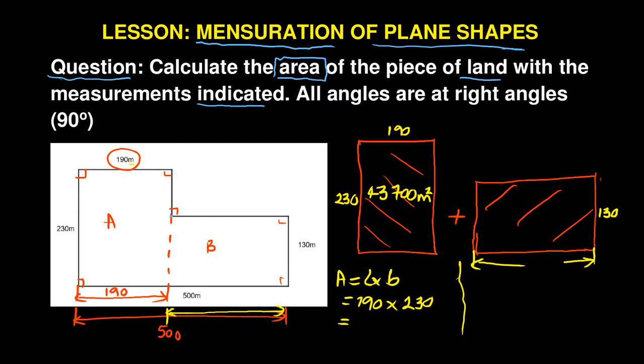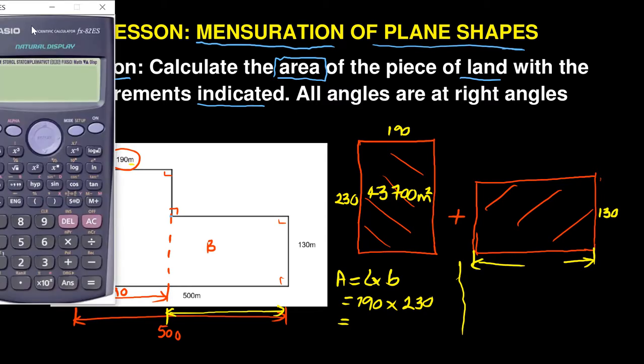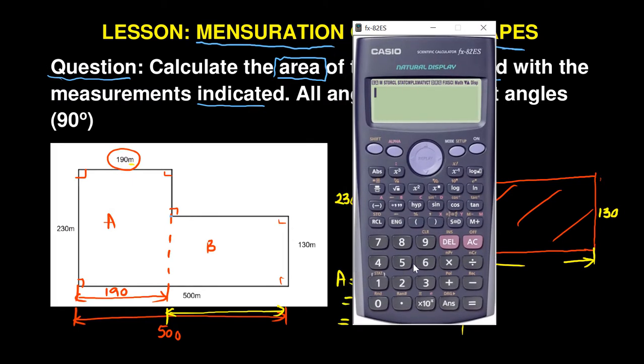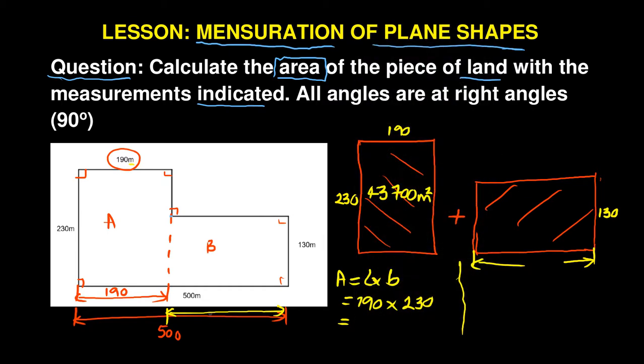I can subtract now 500 minus 190, it is 310. So this particular distance is 310, which is correct, because if I say 310 plus 190, I get my 500 in this case. So here I know now this is 310.